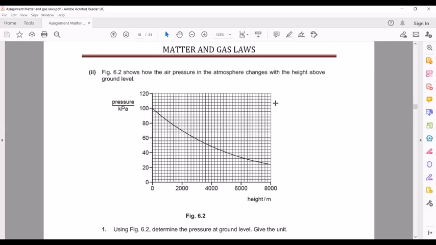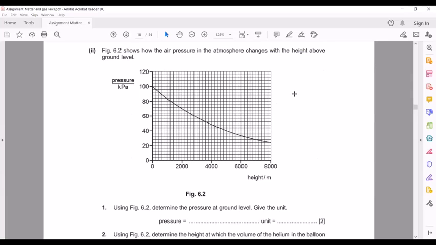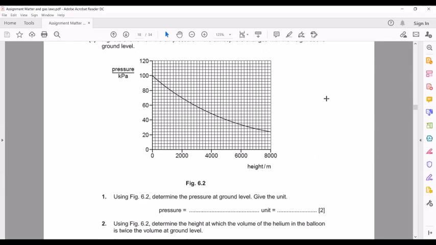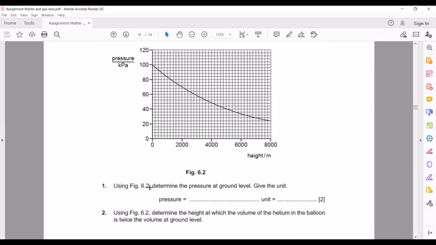For example, as we move to higher altitude, the pressure decreases. Using this, determine the pressure at the ground level. Because as you are moving to higher altitude, the pressure of the gas is changing. What is the pressure at the ground level?